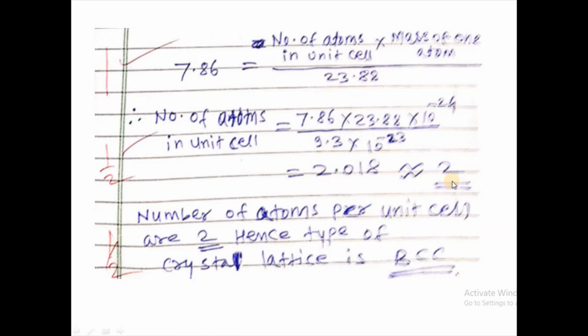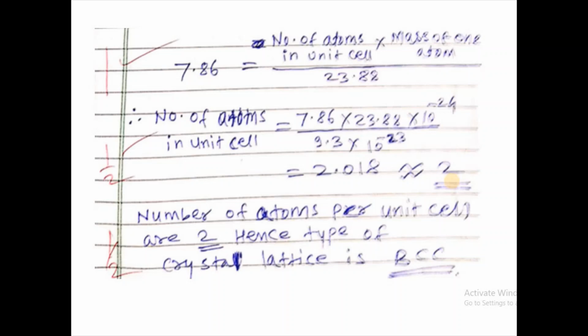That means two atoms are present in the unit cell, and if two atoms are present, it is a BCC structure. I have already given in the MCQ how the BCC structure contains two atoms. Hence if you write the structure is BCC, half mark, number of atoms half mark, and 2 marks to the formula.